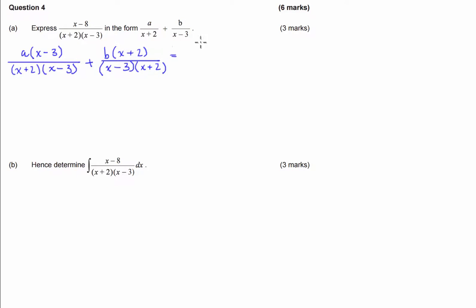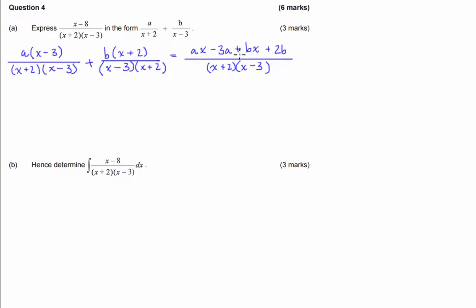So I'm going to have ax minus 3a plus bx plus 2b, all divided by x plus 2, x minus 3.